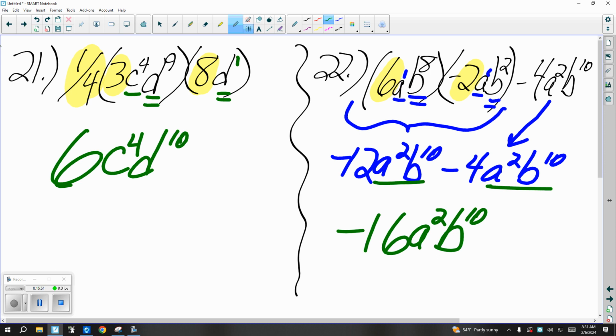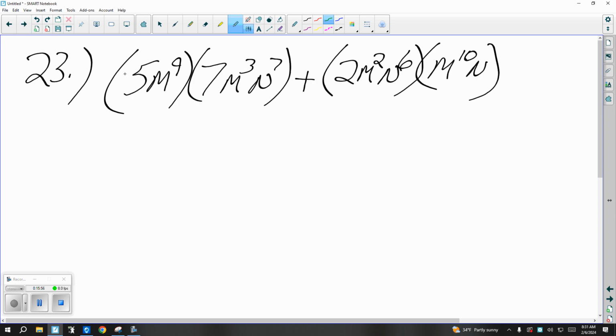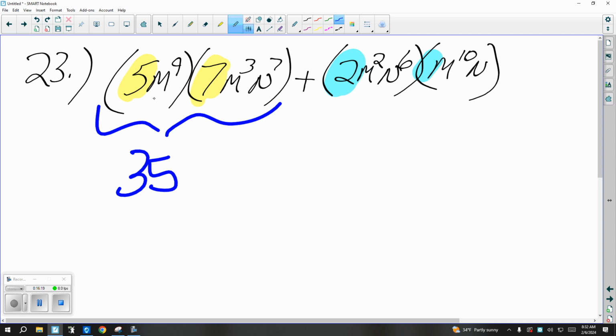3, 2, 1. Number 23. Okay, so this again is grouping, right? So I'm going to multiply those guys together first, but then a different color. I'm going to multiply these guys together. There's a 1 here. Okay, so this guy is going to be 35 m to the 12th n to the 7th.